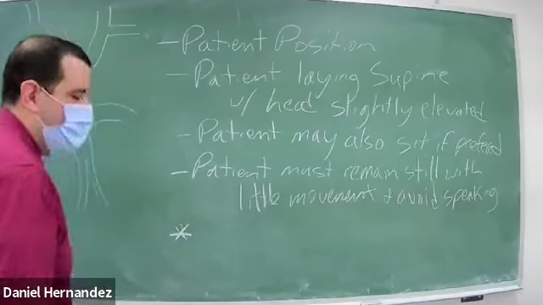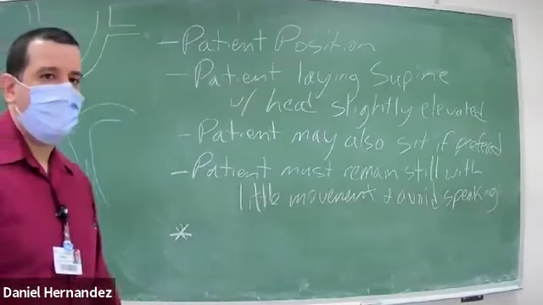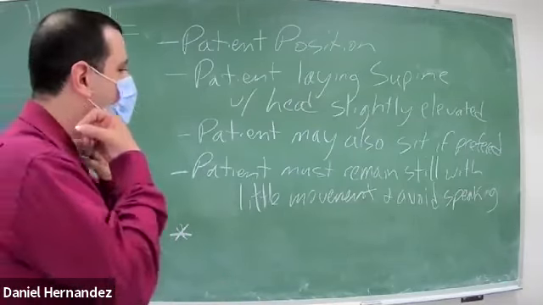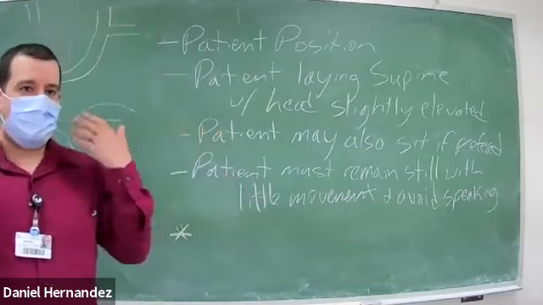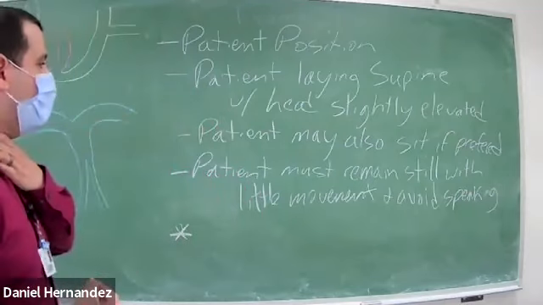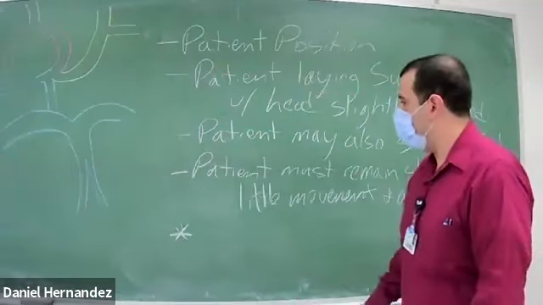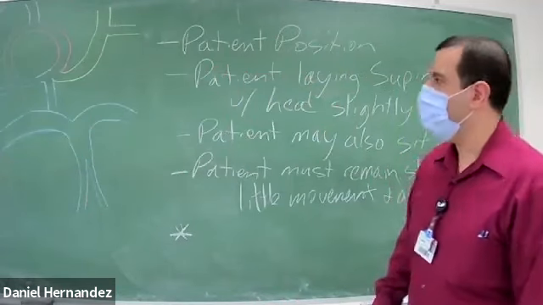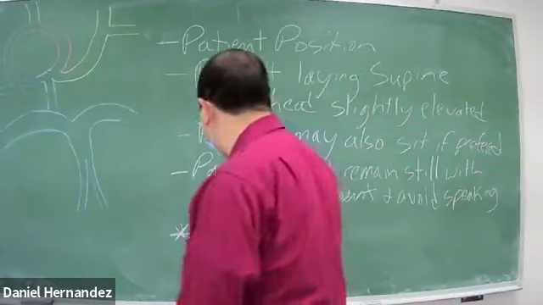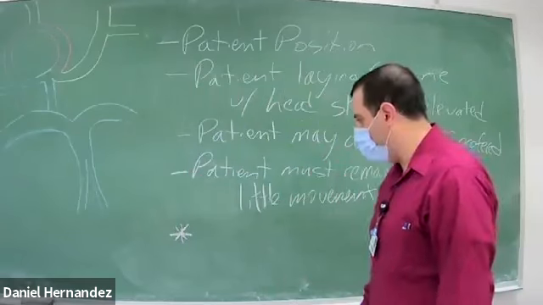I'll highlight this also. Before we do a transcranial Doppler, it's important for us to know the status of the extracranial arteries before the exam. It's very helpful to know if there's any stenosis in the extracranial arteries before we begin our transcranial exam, because that gives us an indication of which potential collateral pathways could be open or affected. So it gives us an idea of where to look and what we should be looking for.